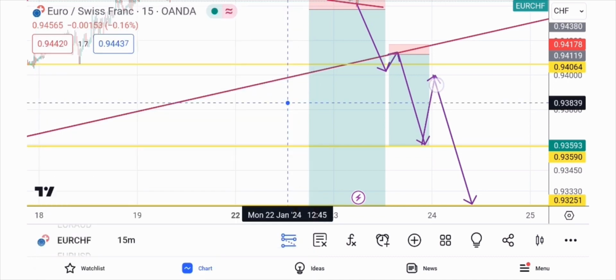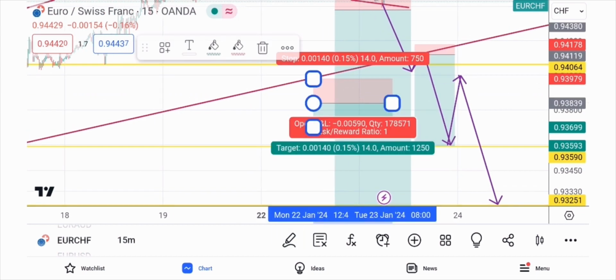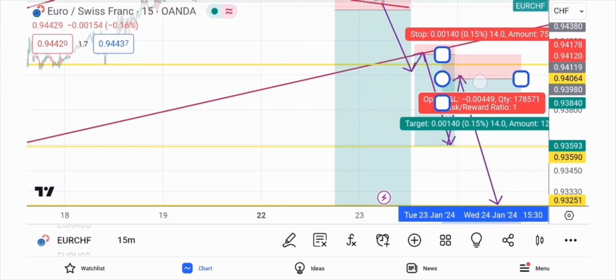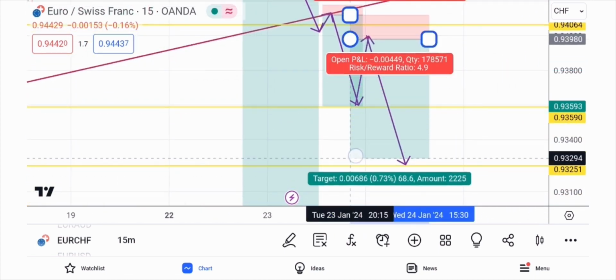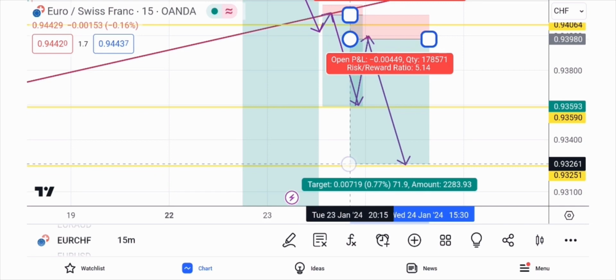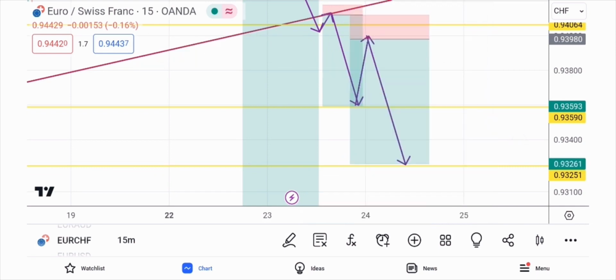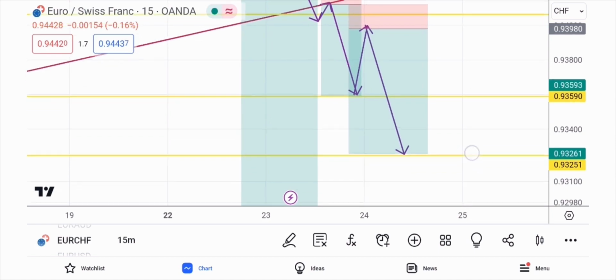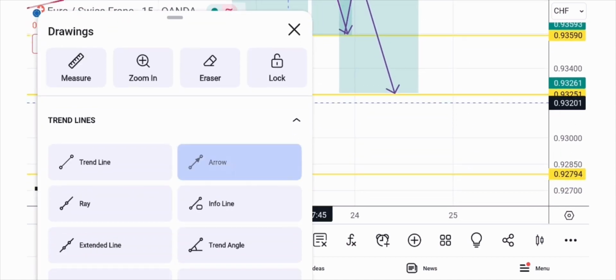So this is how you should approach it, right? It does not mean that when you have a major target, you target the next zone on this trade, all right? And then you take your profits before it even reverses.